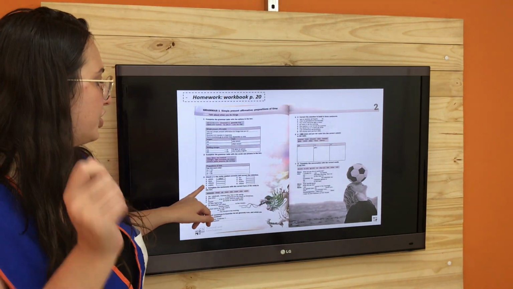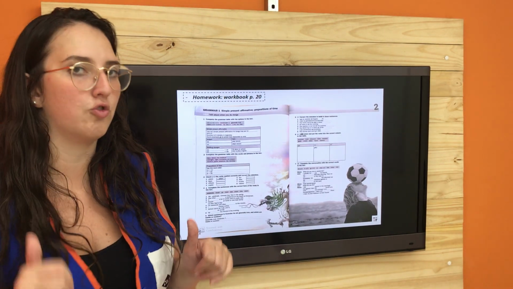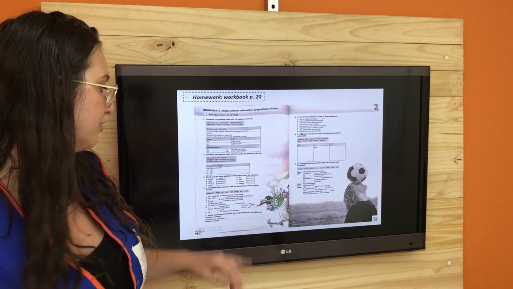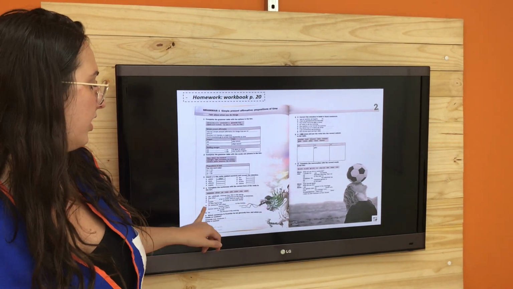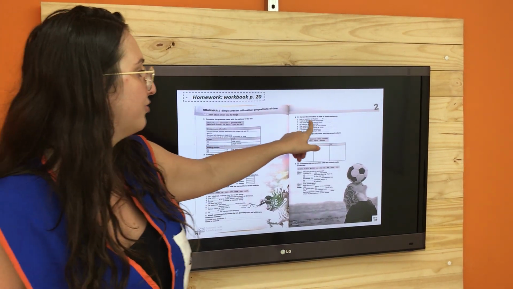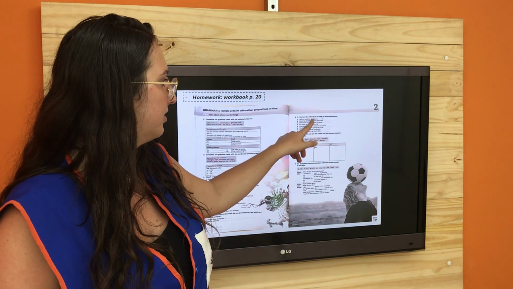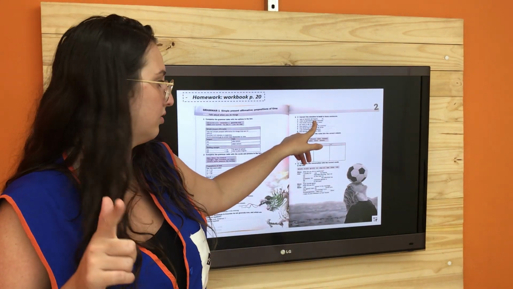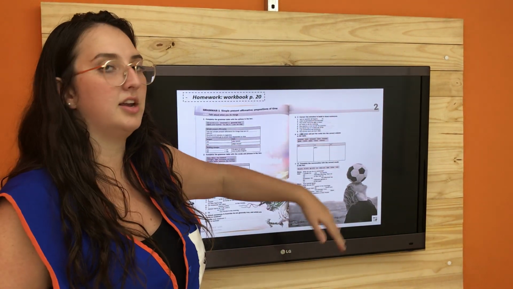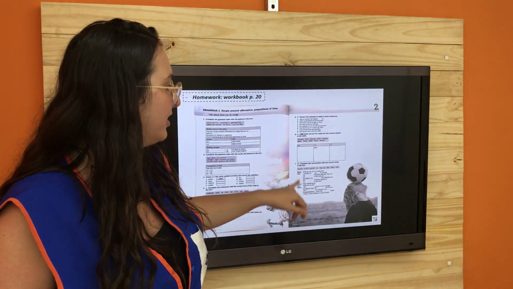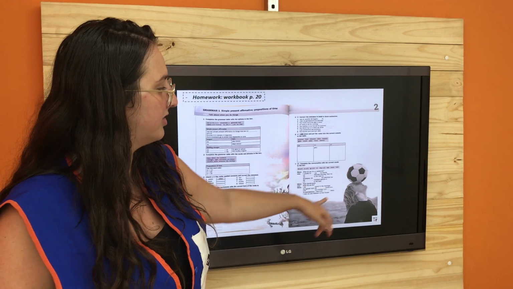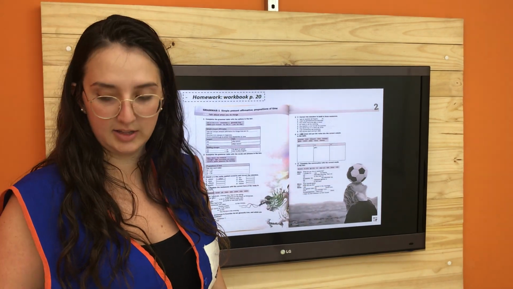And here, you're going to check if the verbs are correct. If they're wrong, you have to rewrite. Here, just complete the sentences with these words. Number 5, you just have to correct the mistakes with the words that are in bold. Number 6, you can ignore because you have to listen and you don't need it. And 7, you just have to complete this conversation with the correct words in the box.